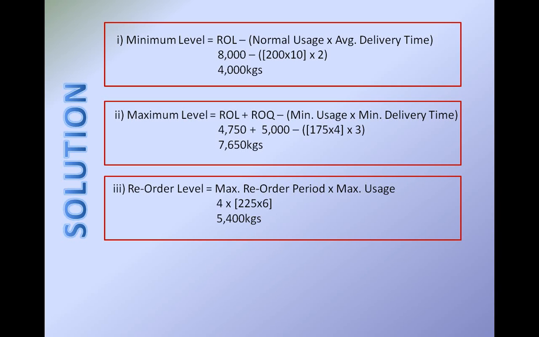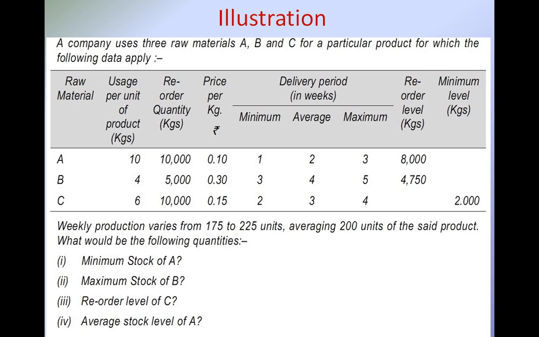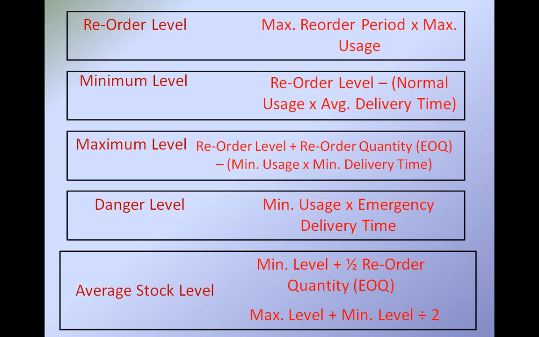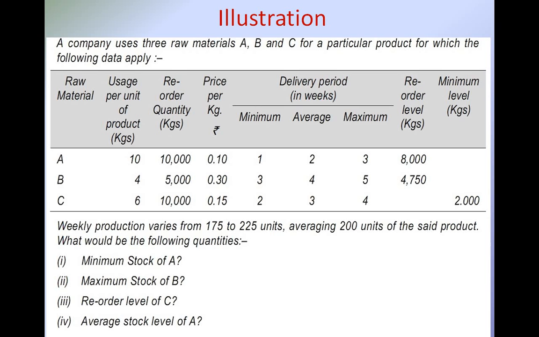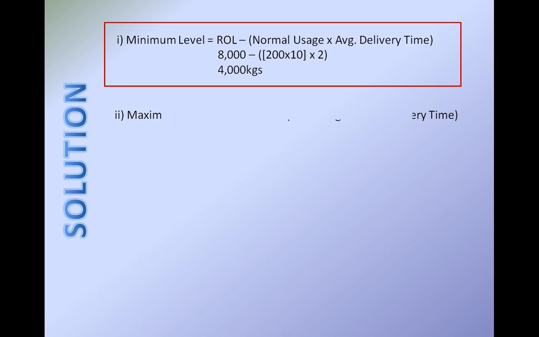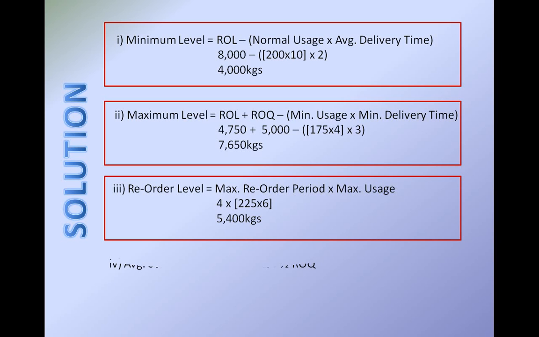The last question asked is the average stock level of A. Now, if you remember, we can use two formulas. One is the easier one, maximum level plus minimum level divided by 2, and the more correct formula, I feel, if reorder quantity is given, is minimum level plus half of reorder quantity.